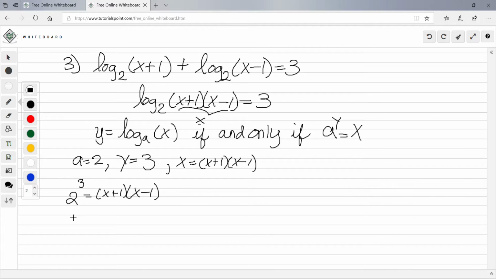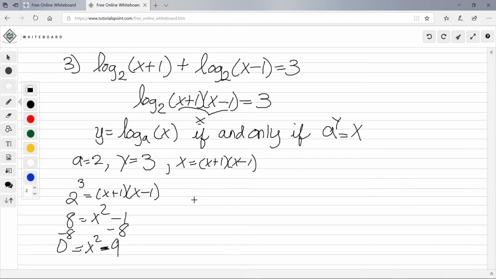Okay, so let's simplify. So 2 to the 3 is 8. And then this is the perfect square, so it should be x squared minus 1. Our goal is to find x, so we have to get one side that equals 0. So let's get rid of this 8, so I subtract 8 from both sides. So I get x squared minus 9 equals 0.